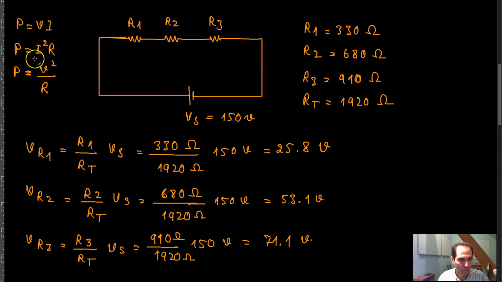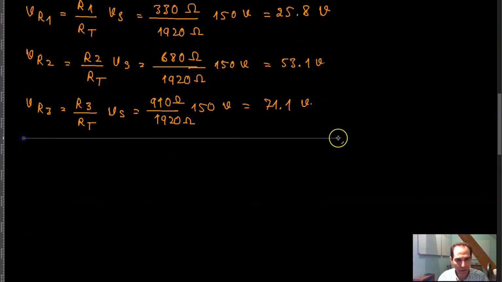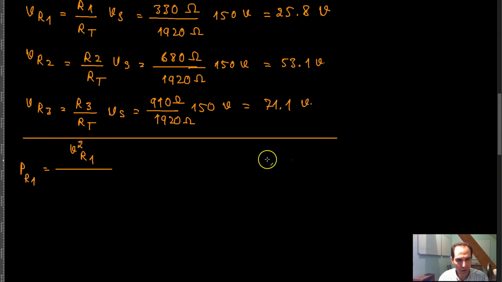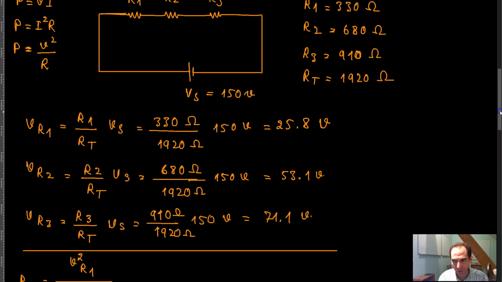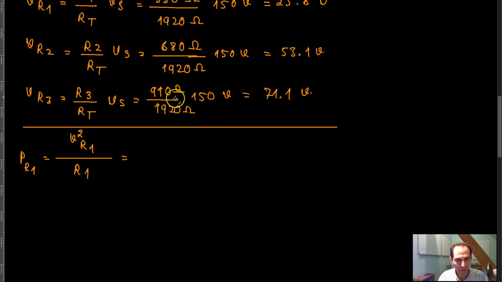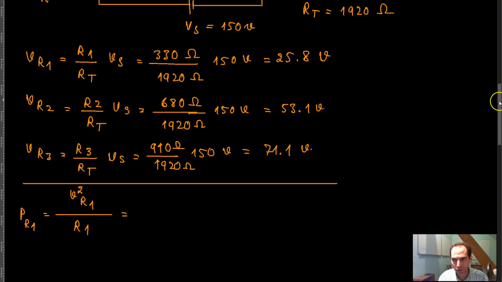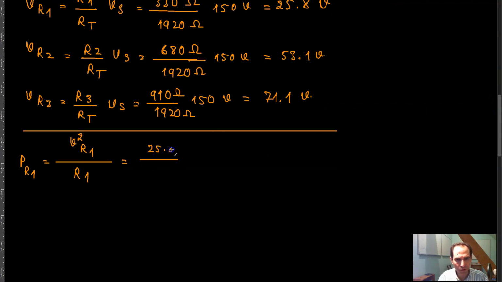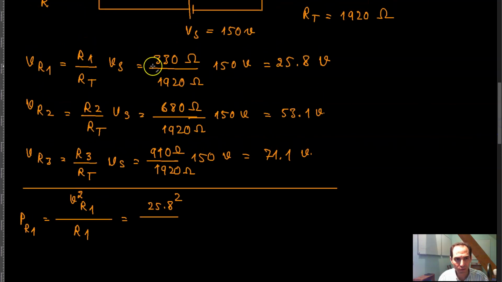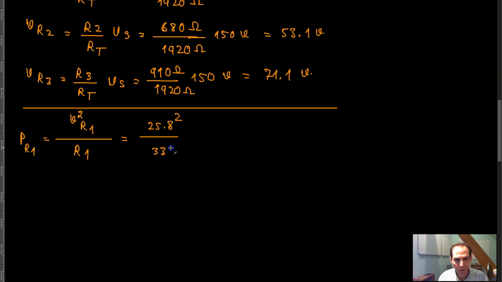So that means the power dissipation across each of these resistors would be, P of R1 is equal to V of R1 squared divided by R1, which is equal to, for example, 25.8 squared divided by R1, and R1 is 330 ohms.